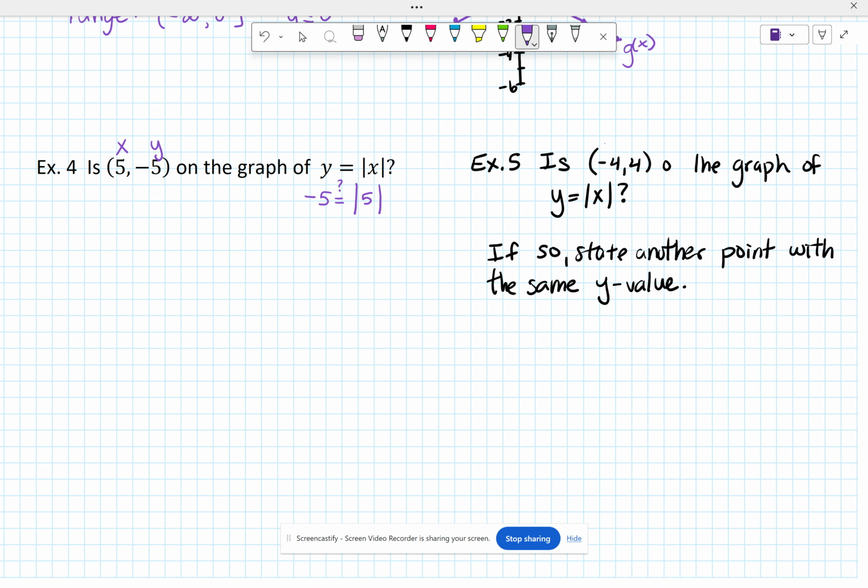What is the absolute value of 5? Well, the absolute value of any singular number is always positive. And in this case, I have the absolute value of 5 is equal to -5, and that is not true. So this is no. 5, -5 is not on the graph. So it fails.